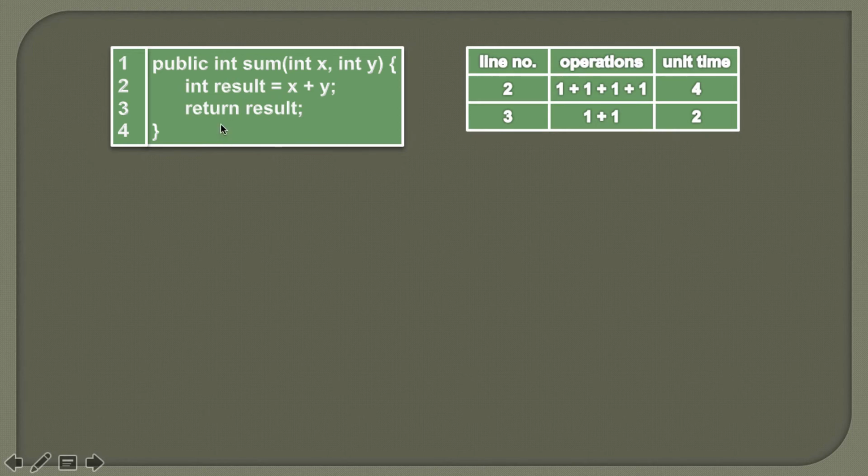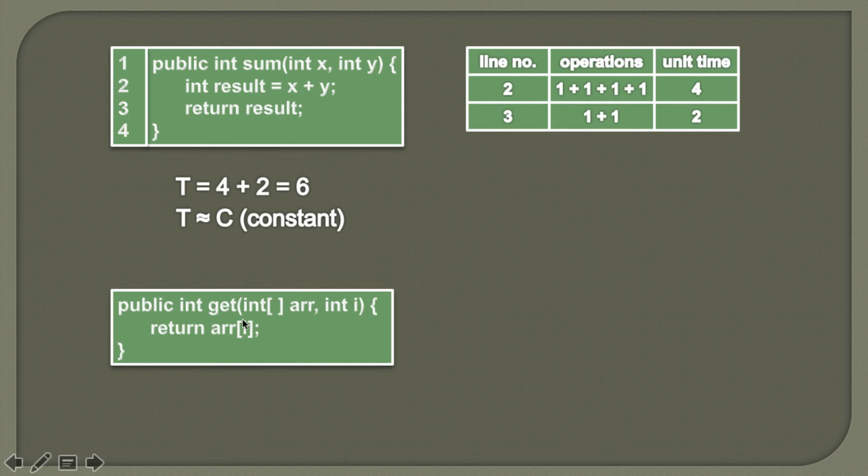And when we take the total time taken by this piece of code, it will be 4 plus 2, which is 6. And 6 is nothing but a constant, because whatever value you take for x and y, it will always take a constant amount of time, which is 6.